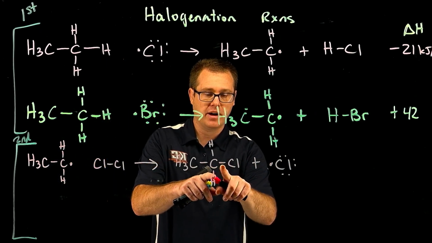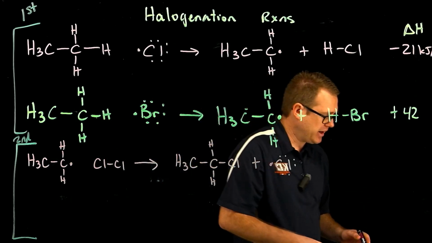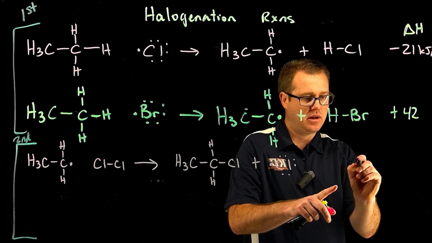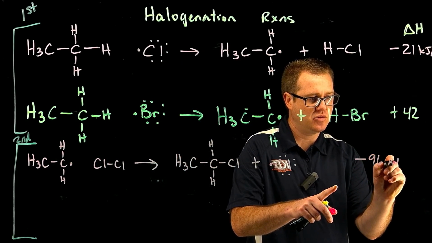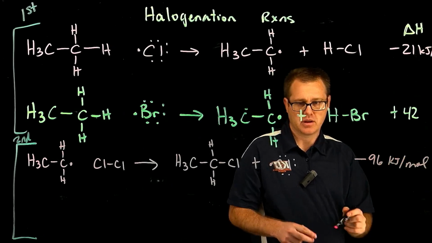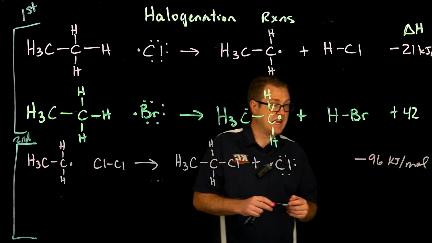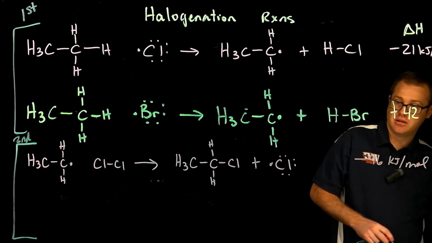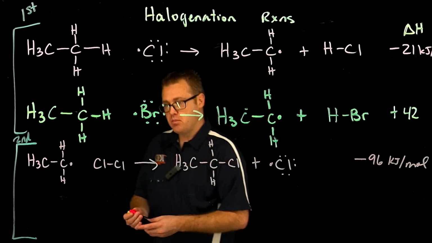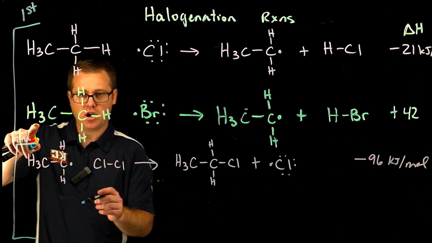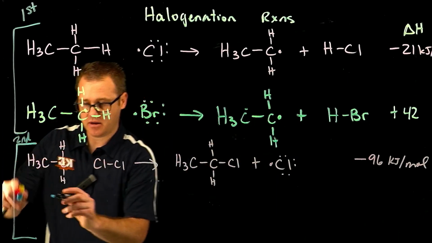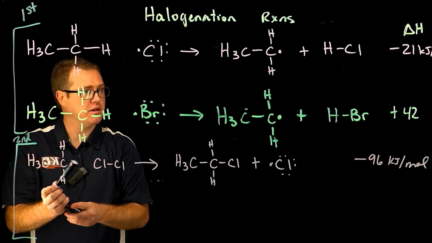We form that chlorine-carbon bond, and that's going to be worth a negative 96 kilojoules per mole. So exothermic again by a lot.